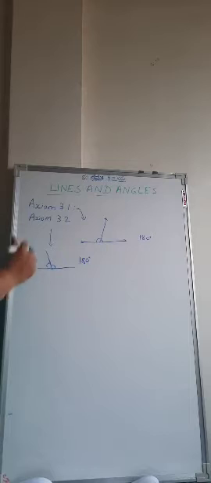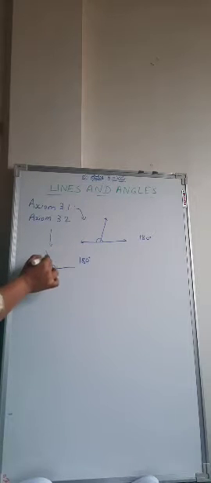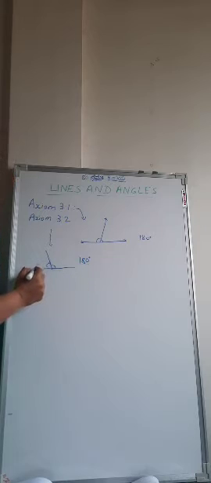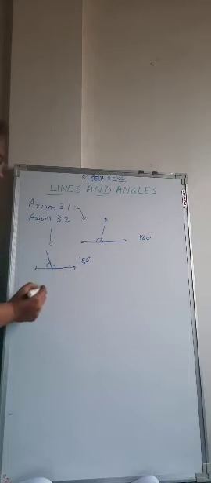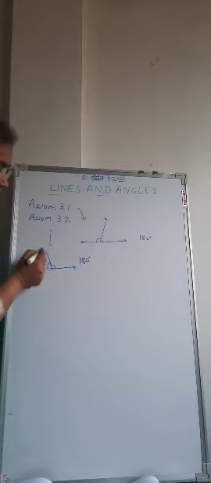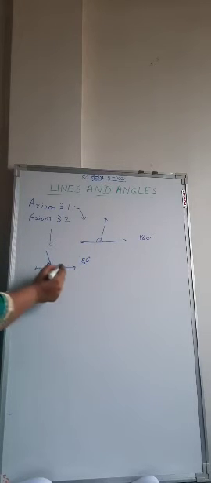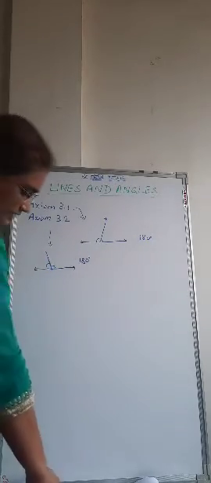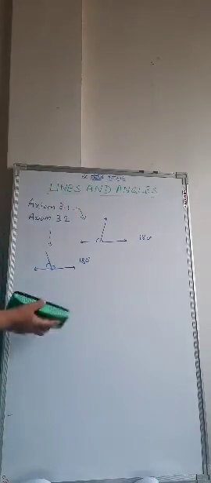Then it says that if the sum of the two adjacent angles is 180 degrees, then the non-common sides, means this side and this side, are non-common sides. This side is the common side. So the non-common sides form a line. The converse of this axiom is given in axiom 3.2. You just write the statement and proceed further.